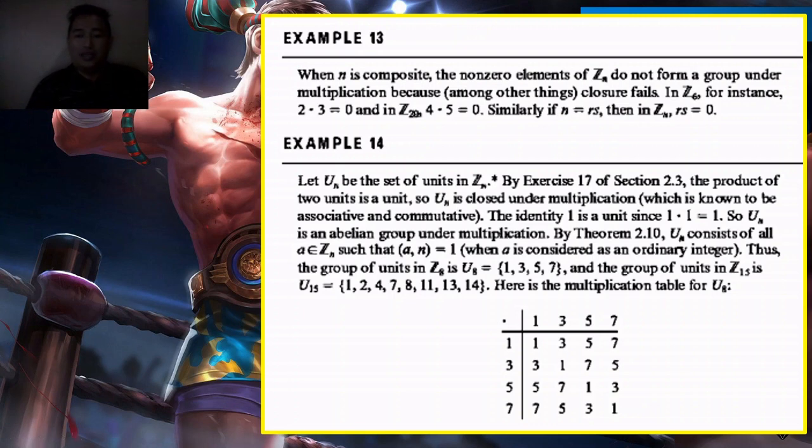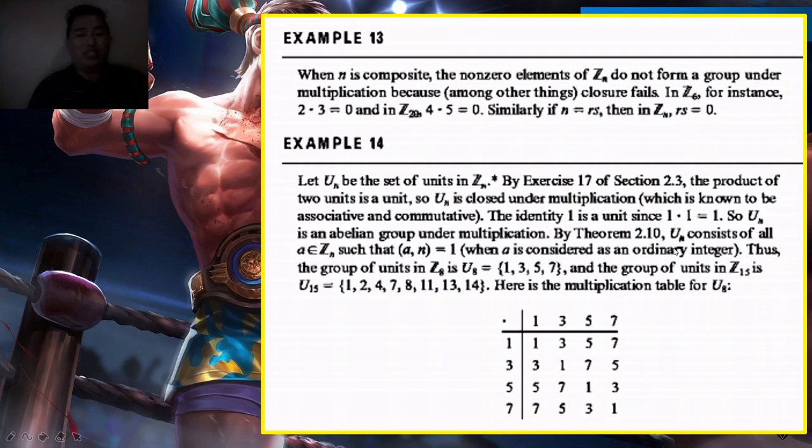And then, so Un is closed under multiplication, which is known to be associative and commutative. So, the identity 1 is a unit since 1 times 1 is 1. So, Un is an abelian group under multiplication.